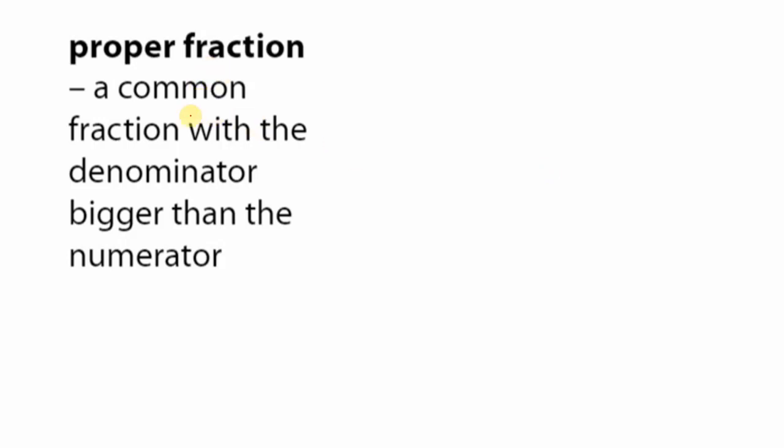A proper fraction is a common fraction with the denominator bigger than the numerator. If we go back to a over b, we know the numerator is at the top. Now this denominator at the bottom is bigger than the top. So if b is greater than a, then we have a proper fraction.